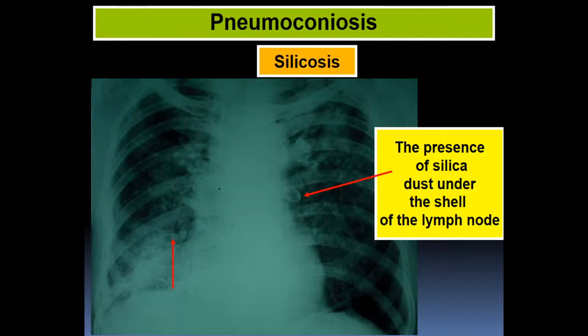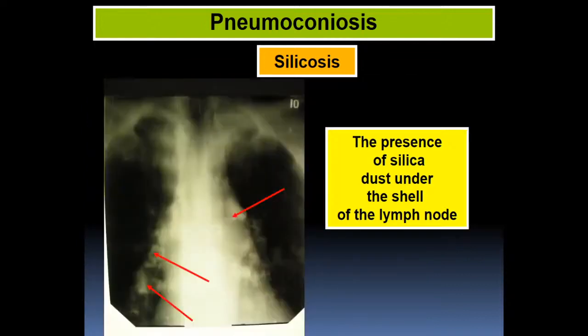Upper parts can be affected less in this disease. On tomography, in silicosis, we can see the presence of silica dust under the shell of the lymph nodes. In both sides, lymph nodes are affected by dust.